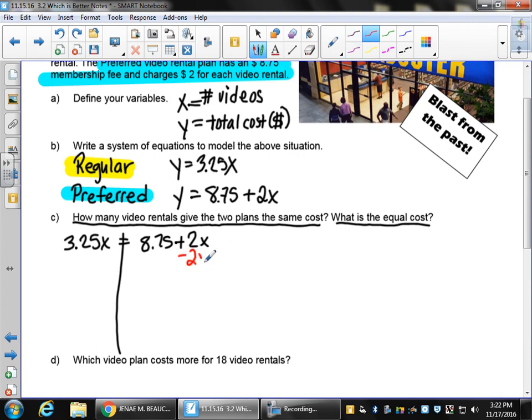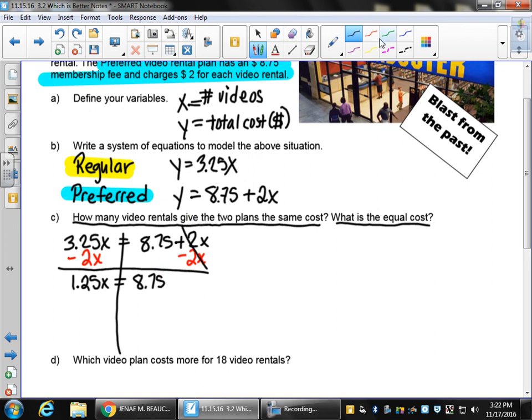Subtract 2x, subtract 2x. 3.25x minus 2x gets me 1.25x equals 8.75. This is gone.